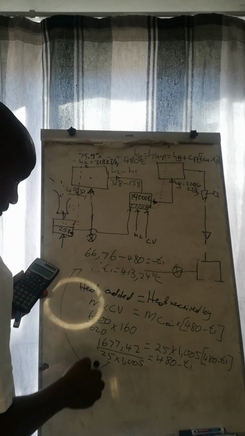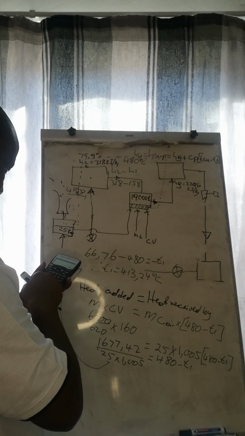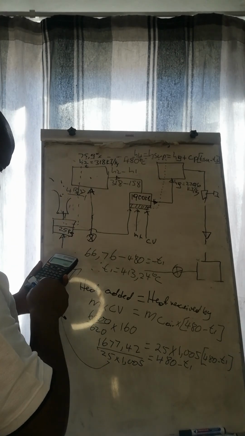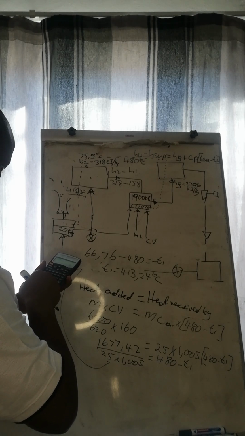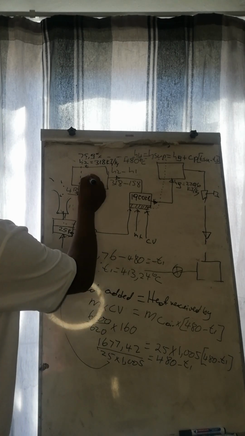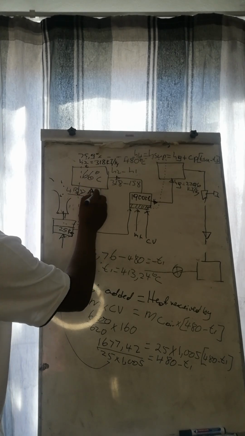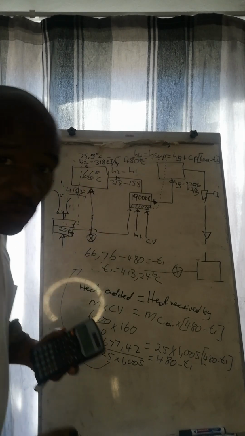What does that mean? It means this water absorbed how much? 480 minus 413.24. Roughly 66 degrees Celsius before it gets into the economizer.